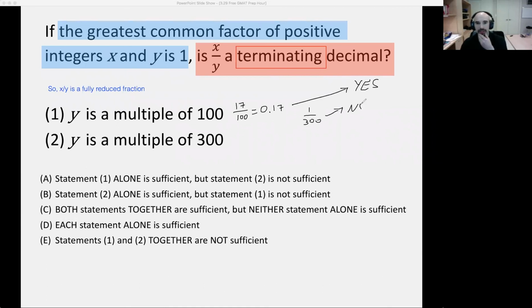That would give us a no. So statement 1 is not sufficient, which means we can eliminate A and D. And if you're familiar with this data sufficiency grid that we teach at Manhattan Prep, you can eliminate that first row. That's the beauty of the grid, is that you can eliminate an entire row right off the bat as soon as you've decided on one statement.